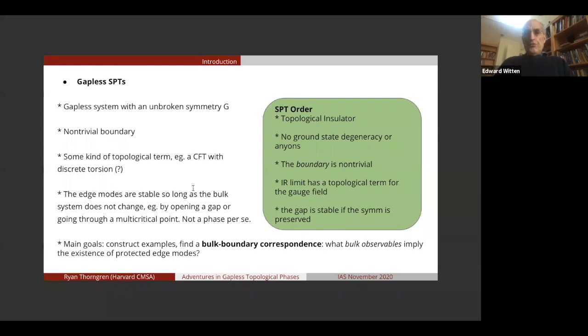If the bulk theory is a free field theory at long distances, then I understand what you'd mean to say that the boundary is non-trivial. But yeah, thanks for the question. I'll get into it.